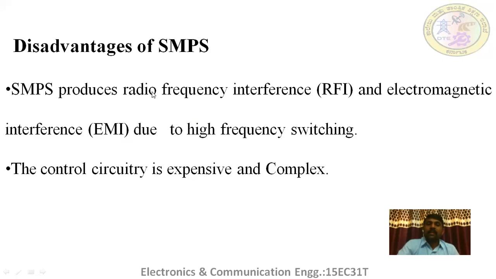Therefore, in order to maintain the required DC output voltage, the circuitry of the SMPS becomes complex. It requires more circuitry regarding regulation, protection or suppression of noise, and some feedback circuitry.